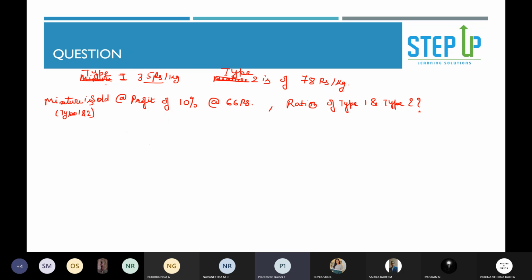What is the difference in this question? How is this question different from the other? Profit of 10%. Right. So here they have given us that the first type is costing 35 rupees per kg, and the second is costing 78 rupees per kg. When I mix the two, I should always write the cost price only. But what they have given us is the selling price.